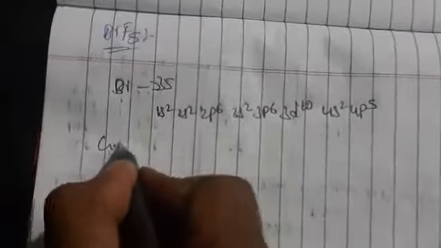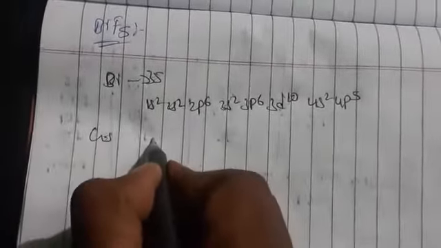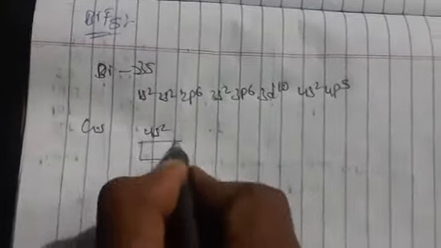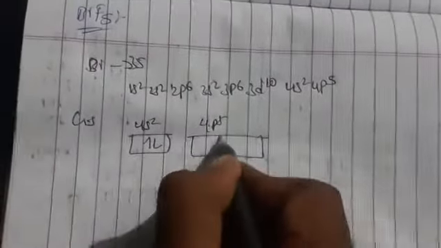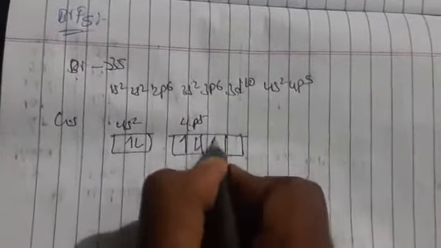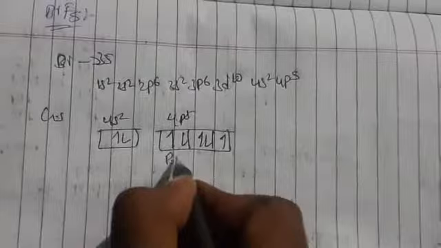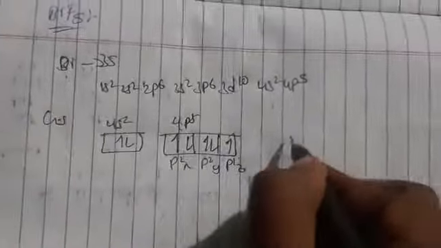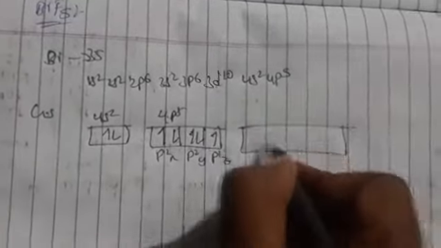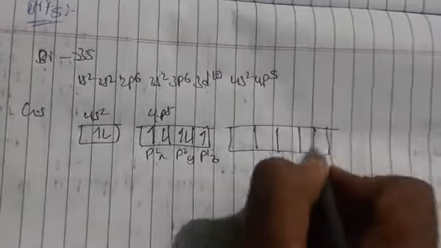So in ground state, how can we write here? 4s2, 2 electrons, 4p5, 5 electrons, that is p2x, p2y, p1z. So now the d orbitals have how many? 4d0.